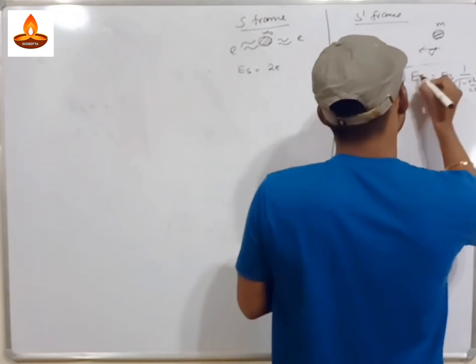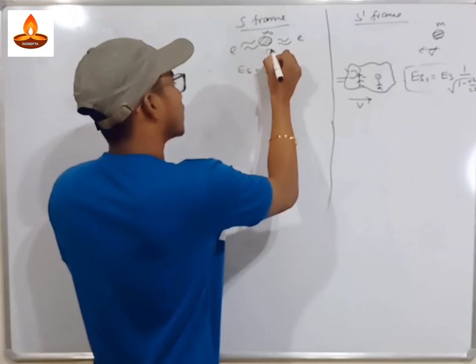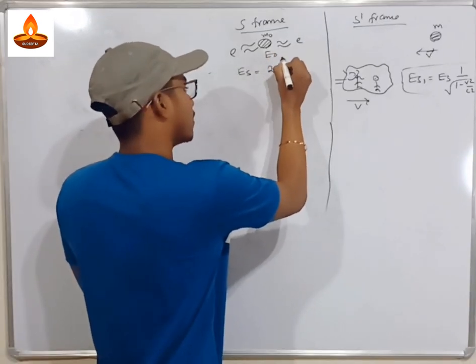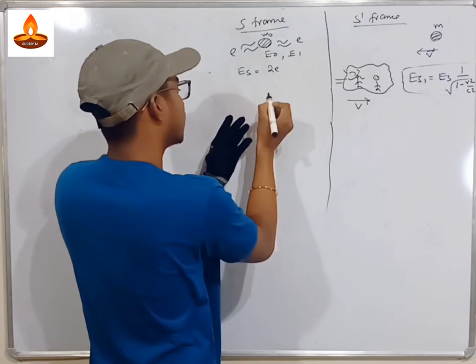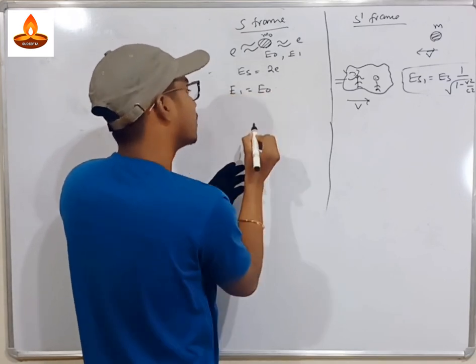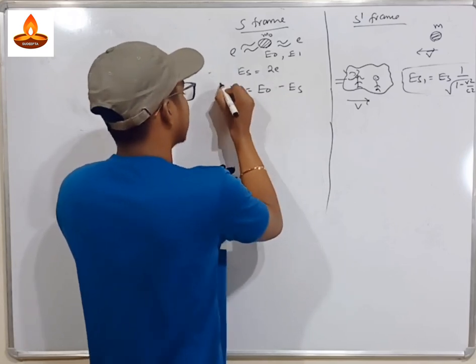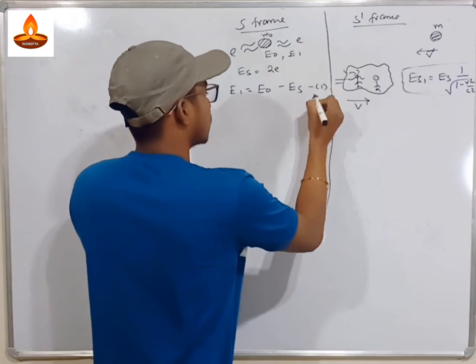This is the relation we got. Now what are the other relations? It has some energy before emission, E naught, and after emission, E1. So E1 is equal to the energy before emission minus the emission. This is the first relation.